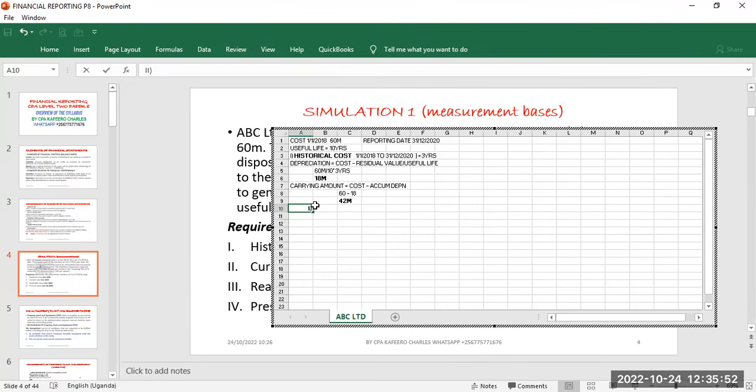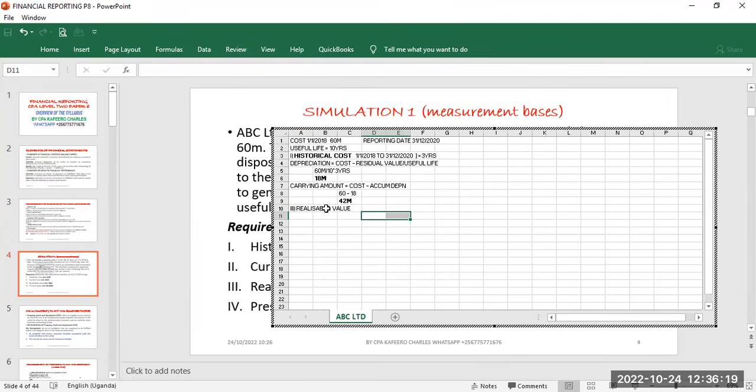Then we look at Roman 3, which was the realizable value. I said the realizable is for assets, then settlement is for liabilities.